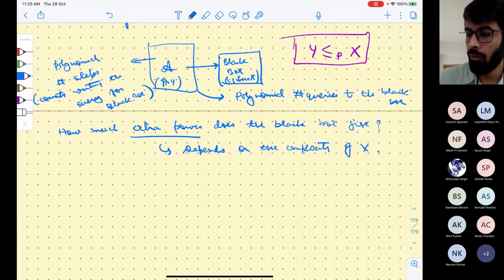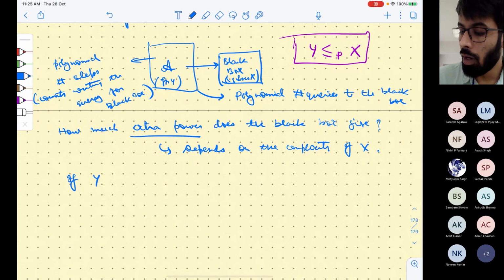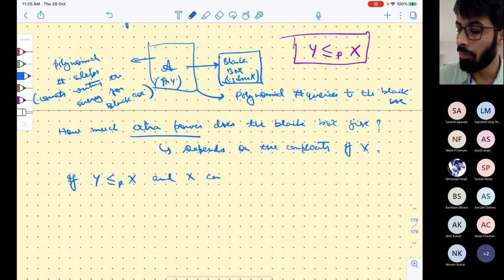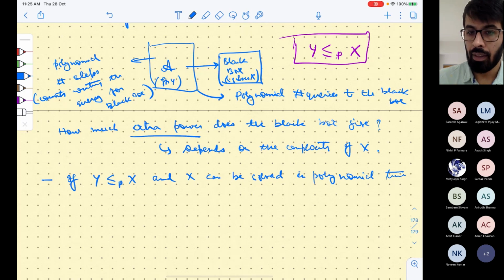Let's look at one particular case: Y polynomial time reduces to X, and X can be solved in polynomial time. Then what can we say?